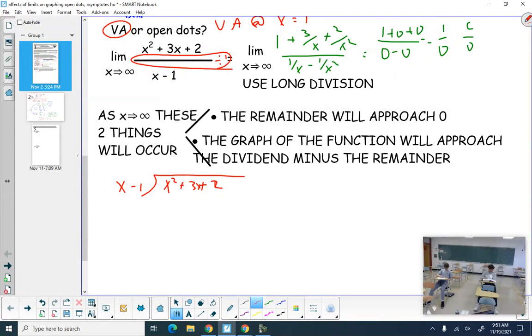Or if we remember back to our synthetic division, we'd have the 1 in the box, because we're dividing by x minus 1, so we put the positive 1 there, and use our coefficients 1, 3, and 2.